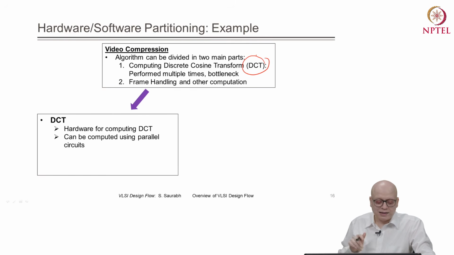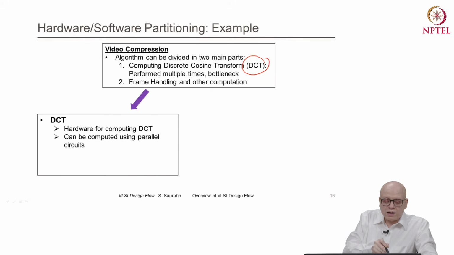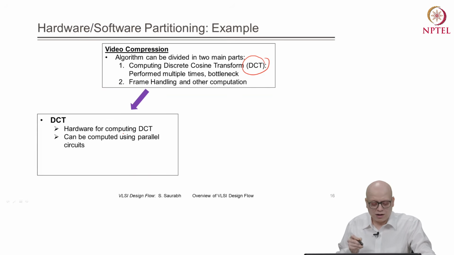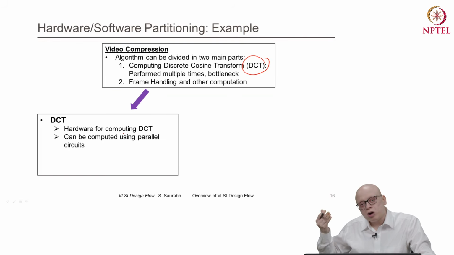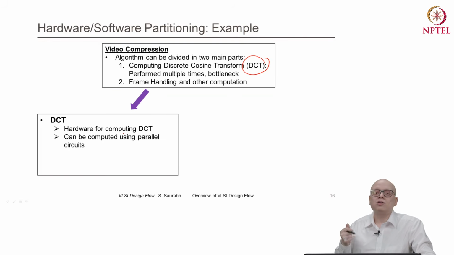What we can do is that the DCT part can be computed separately on a hardware accelerator, using parallel circuits. That circuit can be optimized so that the performance can be, say, 1000 times faster than software doing a similar kind of computation on a general purpose computer or processor, right?